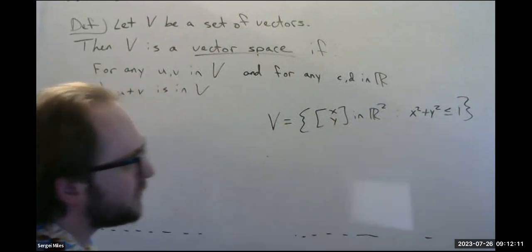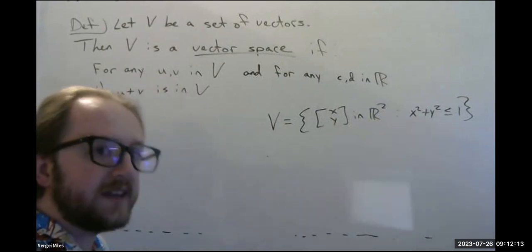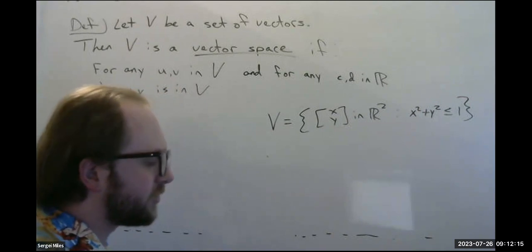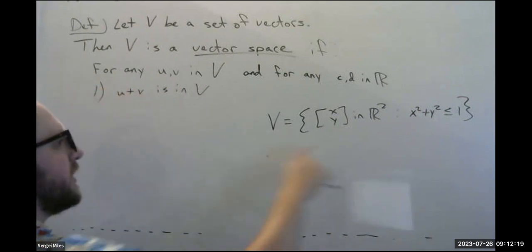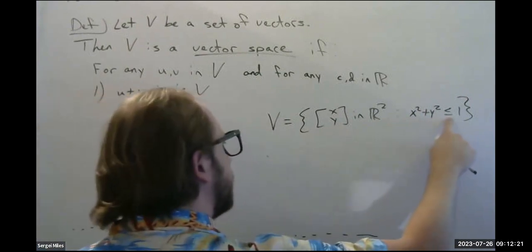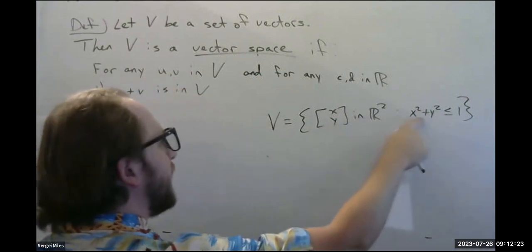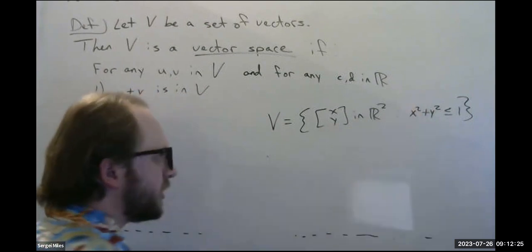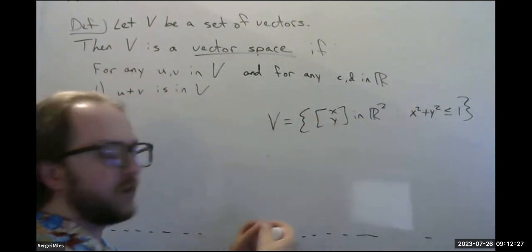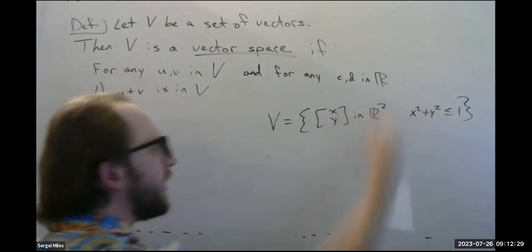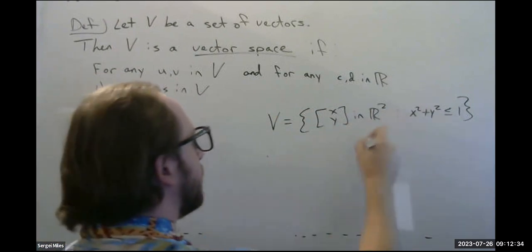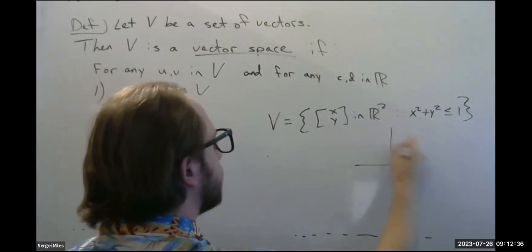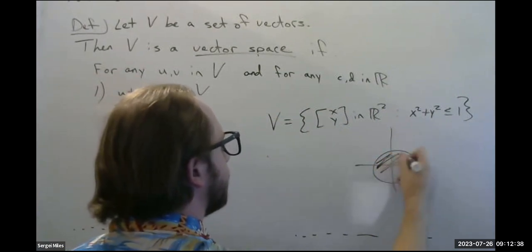X squared plus y squared equal to 1 is the unit circle. That's a circle centered at the origin with a radius of 1. But when I say less than or equal to, this is saying any xy point which is on that circle with a radius of 1, or any point that's less than 1. So this is any point inside of the unit circle.